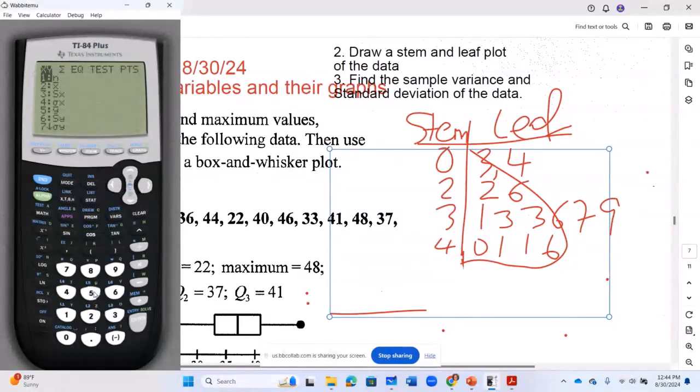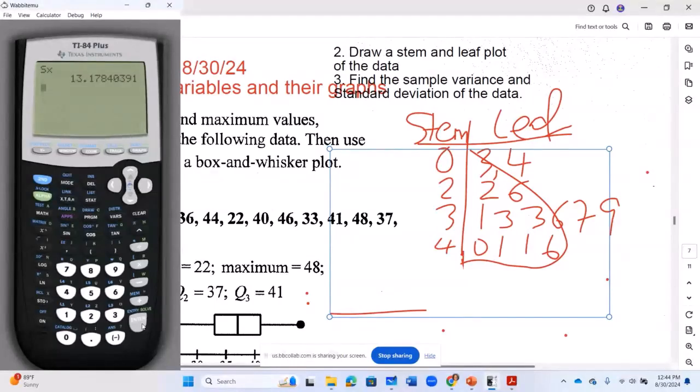If I go to VARS Statistics, every statistic I just did is there. And I'm looking for sample standard deviation right now. If I click that, it gives me the value with all the decimal points, so I don't have to copy it. There's nothing that your calculator cannot do.